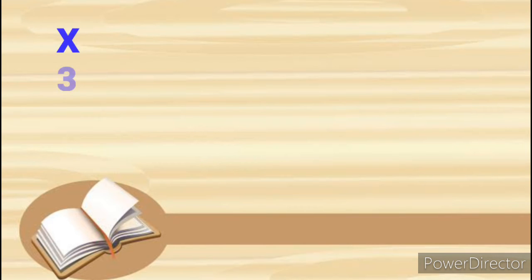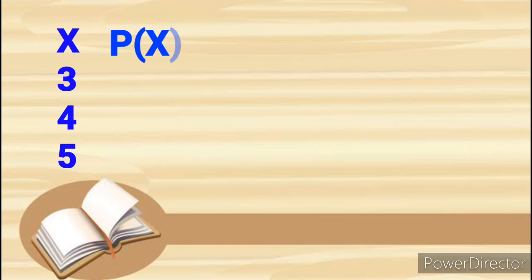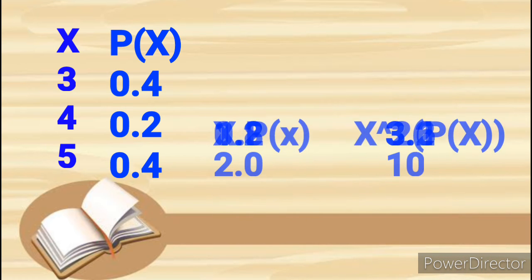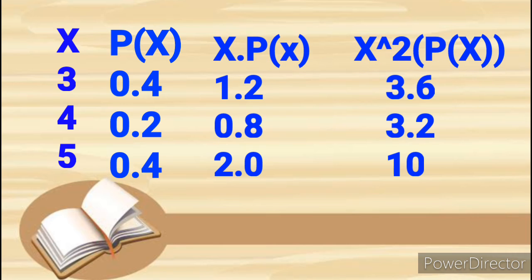The mean, variance, and standard deviation can also be found using vertical columns, where x, or the outcome, is 3, 4, and 5, and the probability of outcome is 0.4, 0.2, and 0.4. And in the third column is the outcome multiplied by probability of outcome, where 3 times 0.4 is equal to 1.2, 4 times 0.2 is equal to 0.8, and 5 times 0.4 is equal to 2.